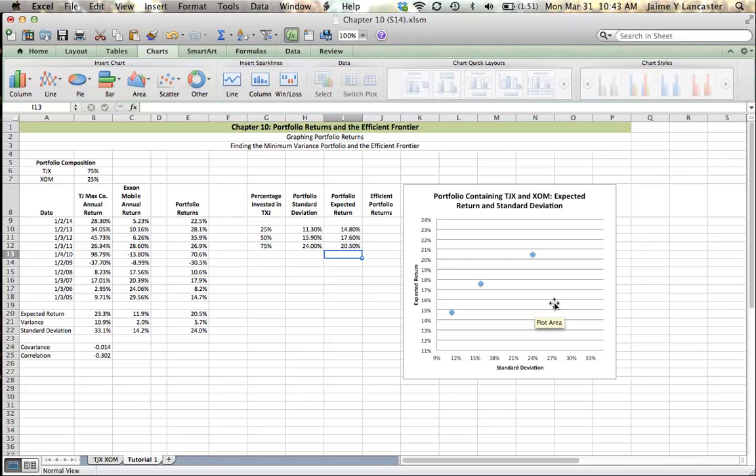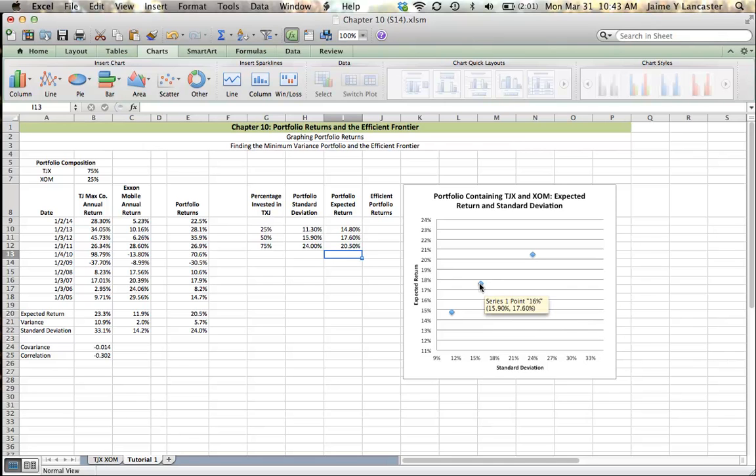Because, as we'll see, not all portfolios are going to adhere to this golden rule of risk and return. And those that don't adhere to that rule, for instance, a portfolio where you might see a lower expected return and a higher level of risk, we're not even going to consider those as portfolios to invest in. So there aren't a lot of things we know for sure about investing, but we do know that we're not going to take on extra risk for lower return. So at least we can eliminate some things.